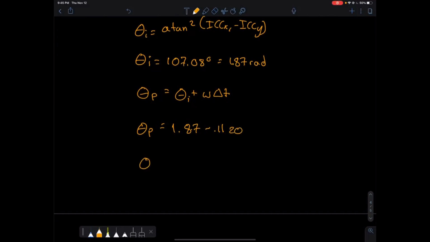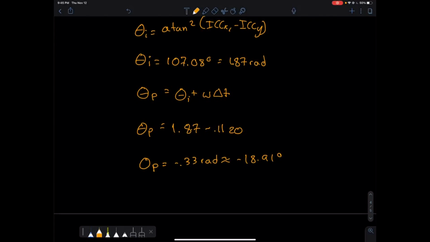That solves out to basically negative 0.33 radians, or negative 18.91 degrees. That is a lot of math. Hopefully people understood kind of what was going on there.